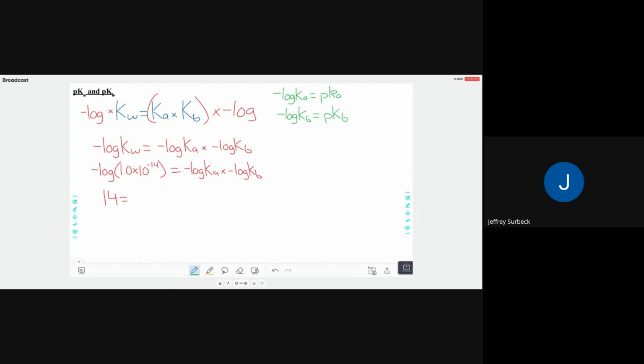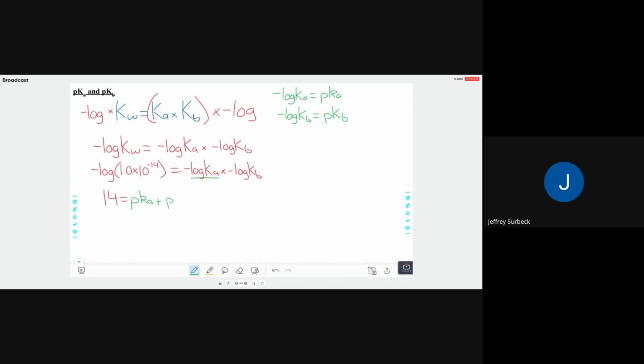Okay? When we do this, what happens here? Logarithms. Log times a log, you'd have to go back to math rules. But what happens here is this. This would turn into the following. So all we're going to do is replace negative log of Ka with our pKa, because that's what it is set equal to, plus negative log of Kb is just pKb.